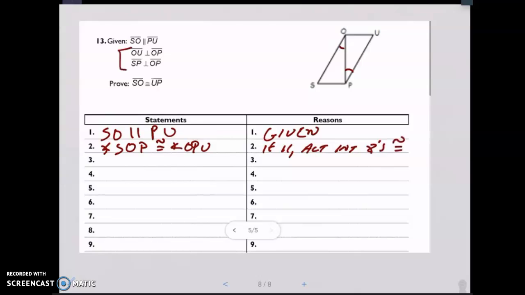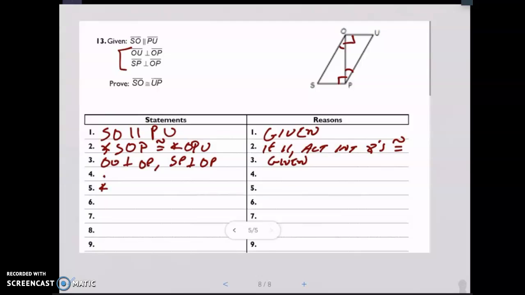We know this right here, so that's going to be my next statement. OU is perpendicular to OP, and SP is perpendicular to OP. So we can get those two angles to be right angles. If they're perpendicular, that means that they form a right angle. So I'm going to skip a line here.